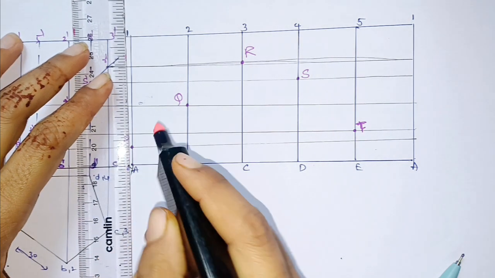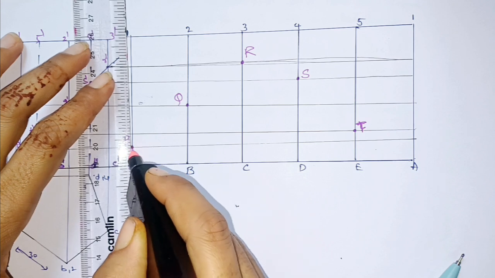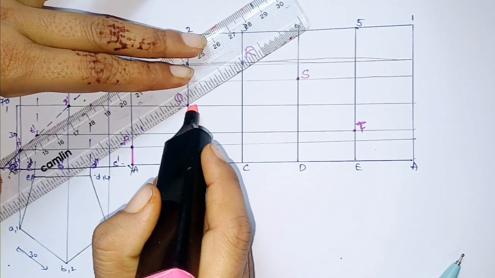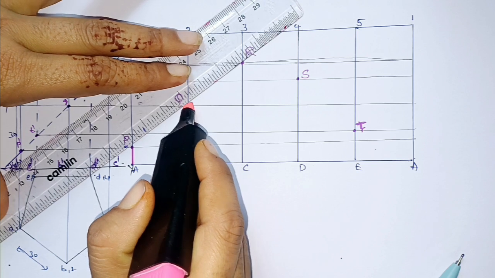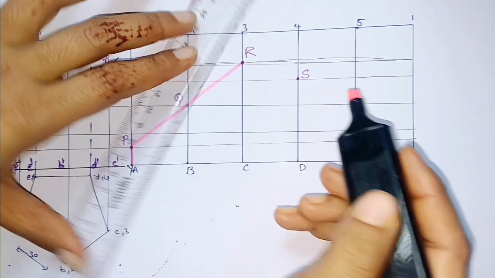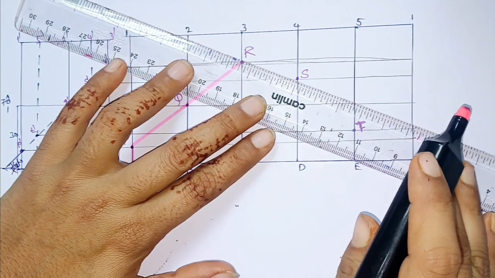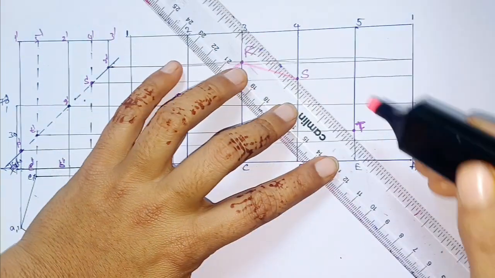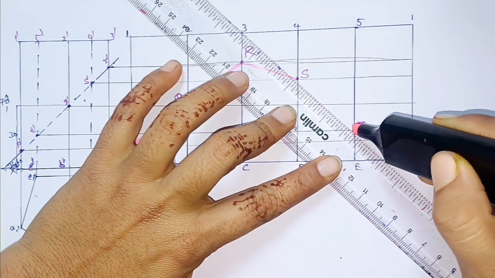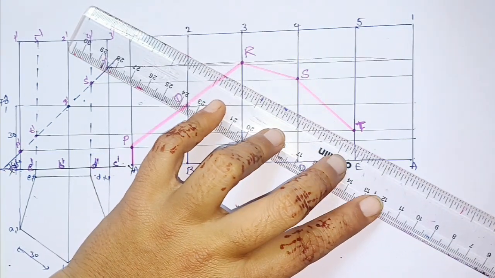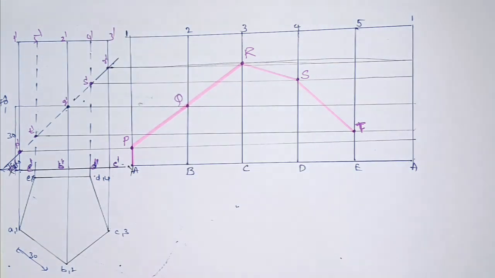Join point A to P and P to Q, Q to R, R to S, S to T and T to again P. Where is the P?